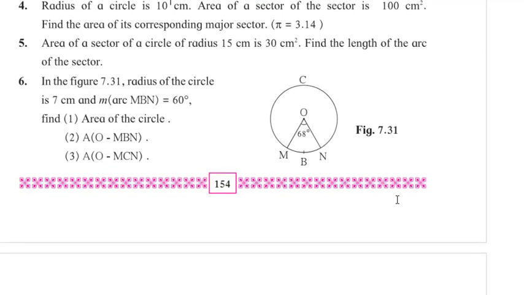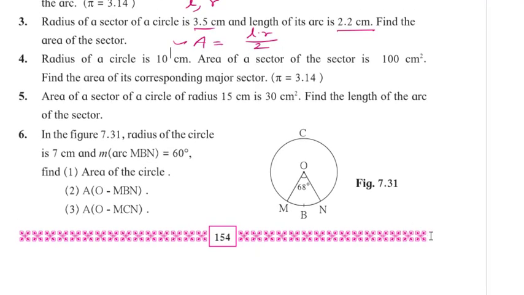Radius of circle is 10, area of sector is 100. Find the area of corresponding major sector. Now area of sector is given, we have to find corresponding area of major sector. So for getting corresponding area of major sector, we should subtract area of sector from the area of circle.